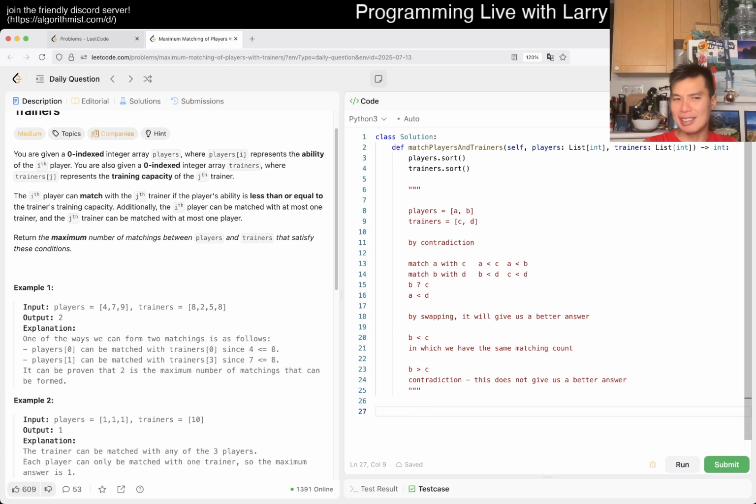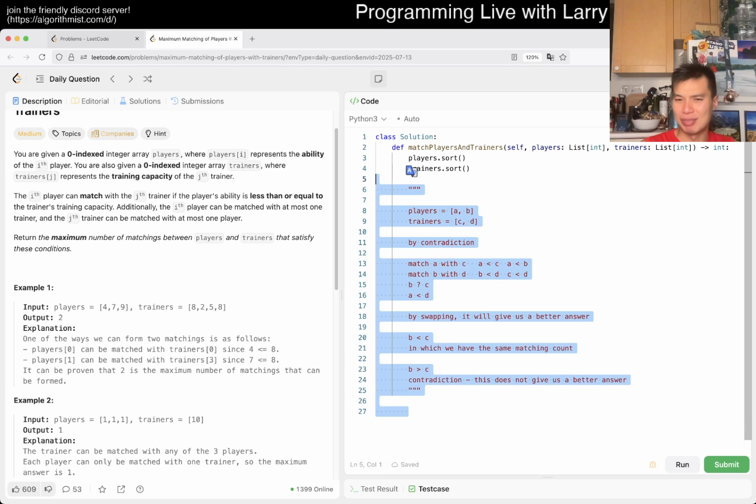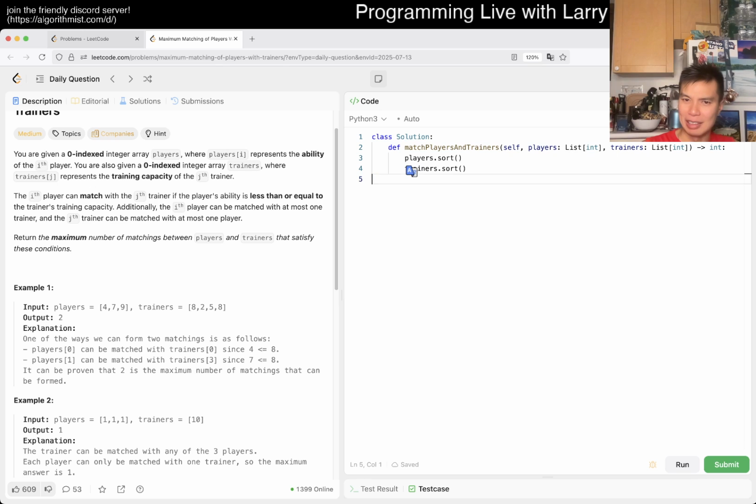I mean, technically speaking, you also have to prove that swapping only gives you a better answer. But in any case, I feel like we've done the ideas. Let me know in the comments if you disagree or whatever.